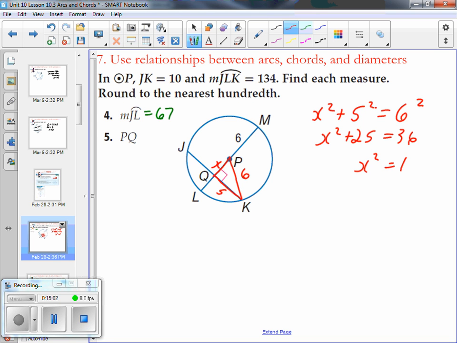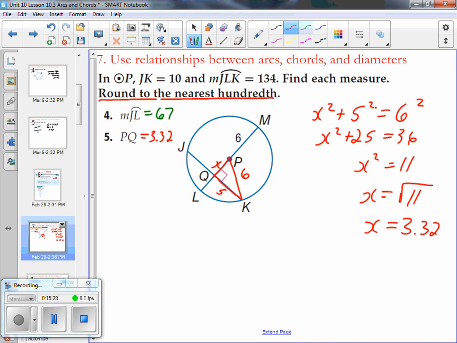So x squared equals 11, which means x equals the square root of 11. Now, that's the exact answer. But we're going to try to do a better job of rounding, so to the nearest hundredth. Use your calculator and tell me 3 point what? 32. So the length of PQ is 3.32 to the nearest hundredth.